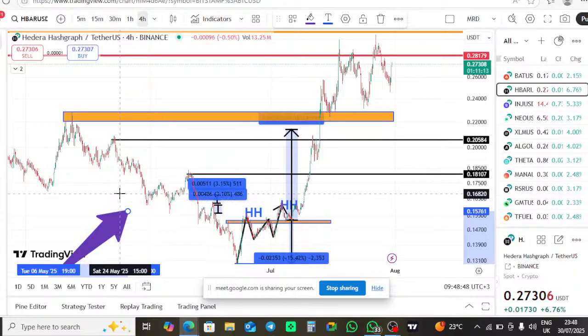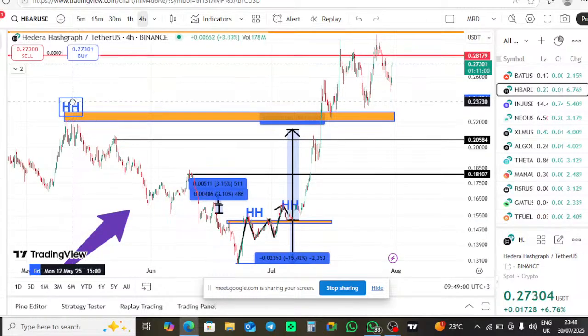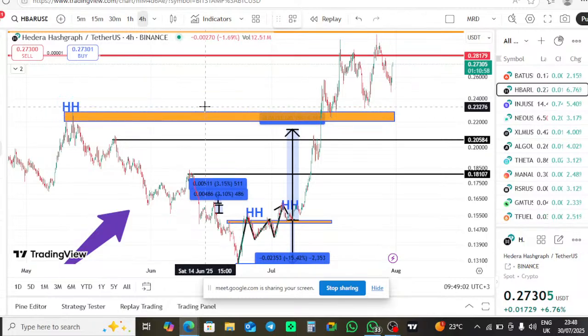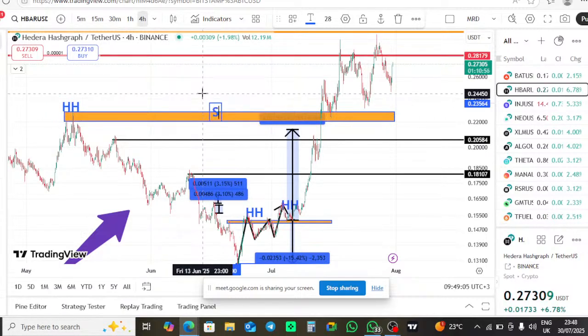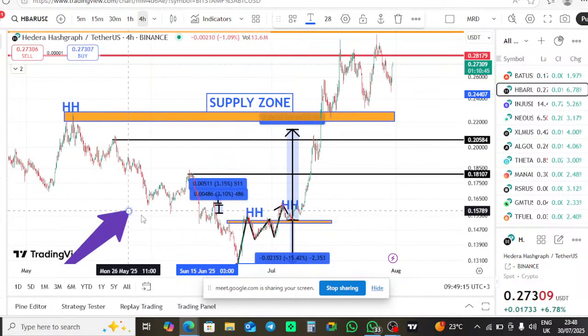But remember, we have where the market is going, and we will be focusing on the previous high. This is the high we are talking about, and it is the main target, and at that point it was the supply. It was the supply zone at that point, when the market was still down here.